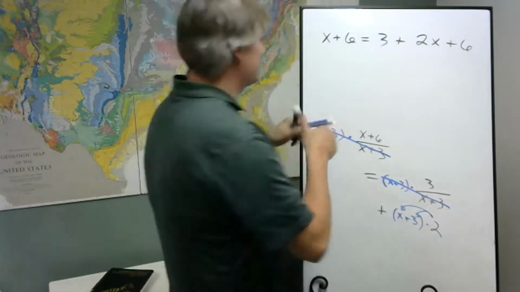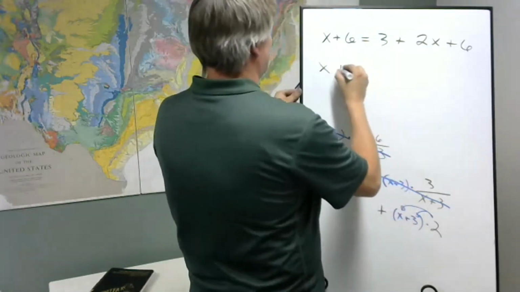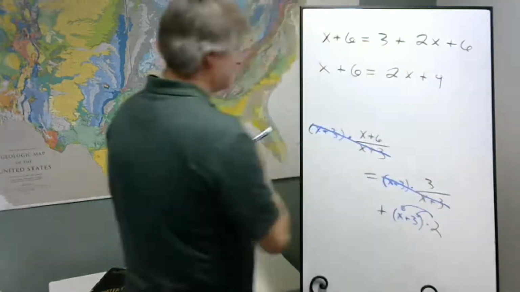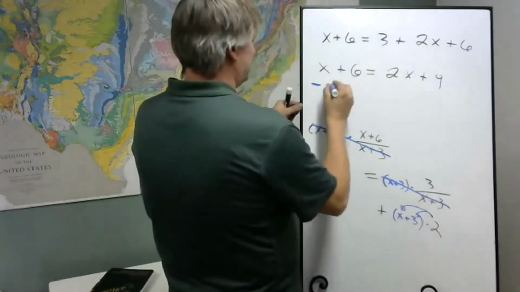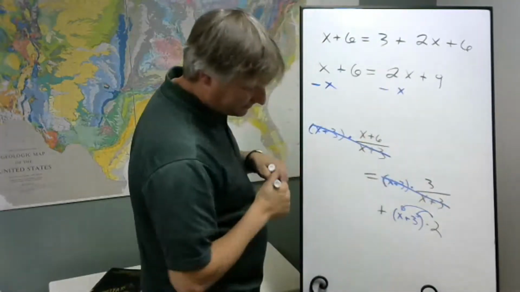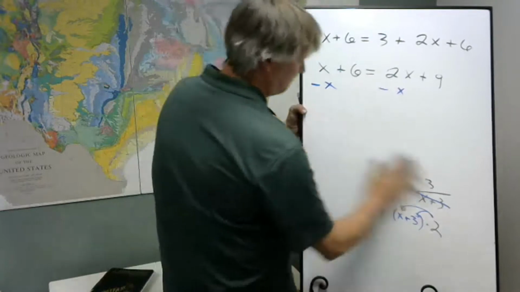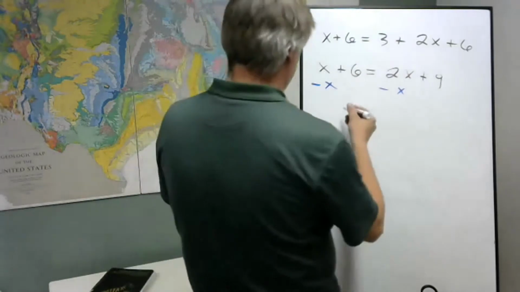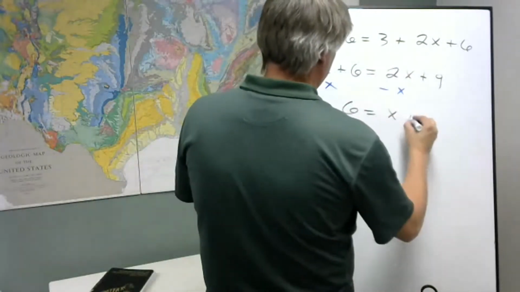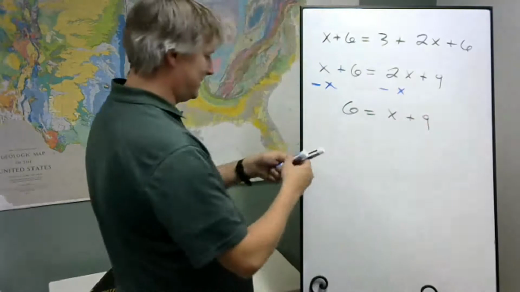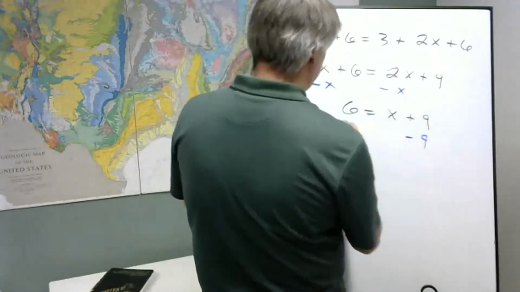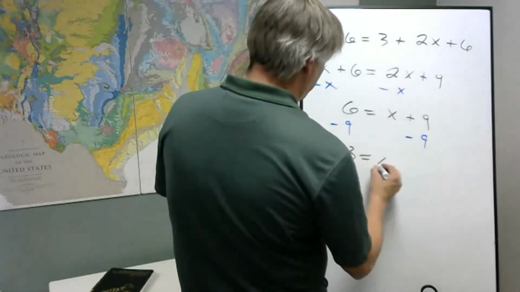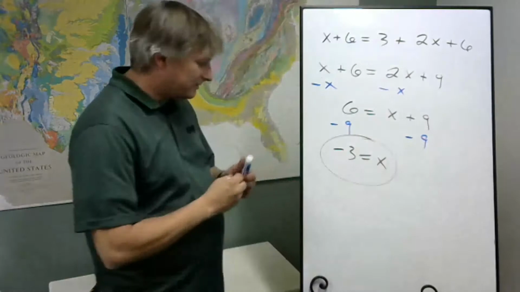So combining like terms. Subtract x from both sides. Here we go. Subtract 9 from both sides. What you're going to get is negative 3. And this looks good.